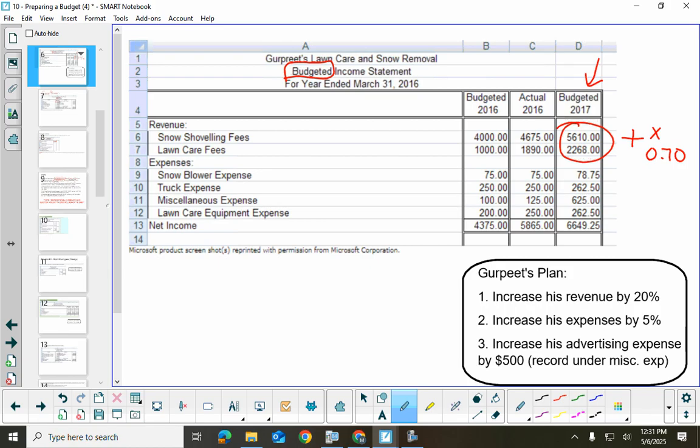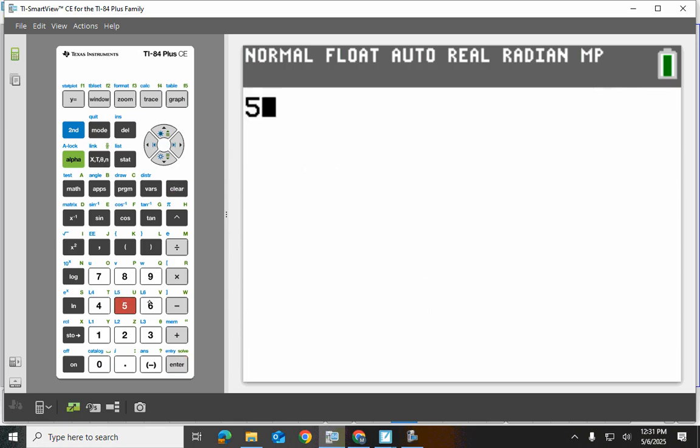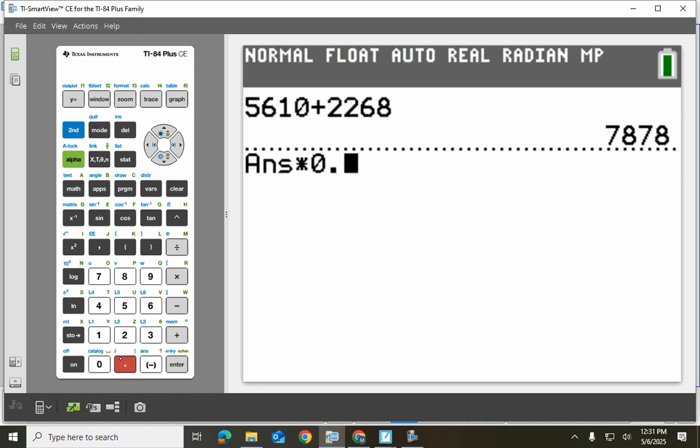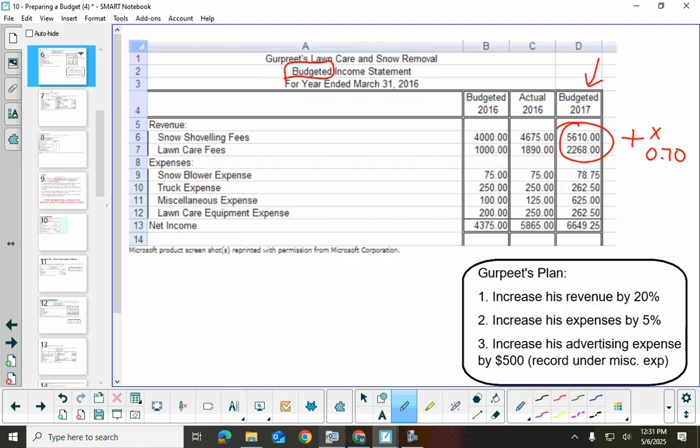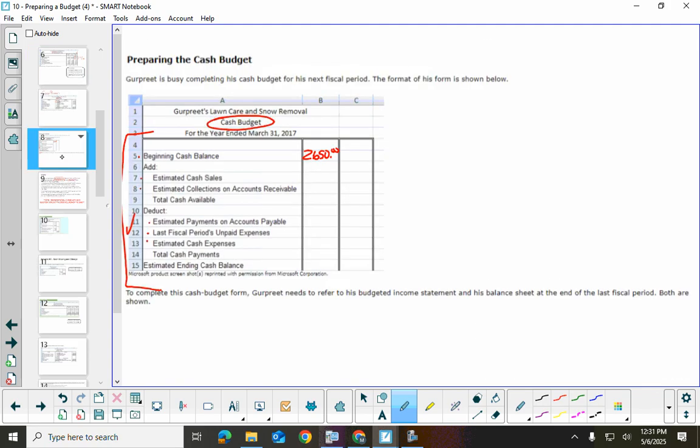Okay, so 5610 plus 2268, times it by 0.7. What that number represents is we think we're going to get about 70% of the same revenue for the next accounting cycle. So 55, 14, 60.